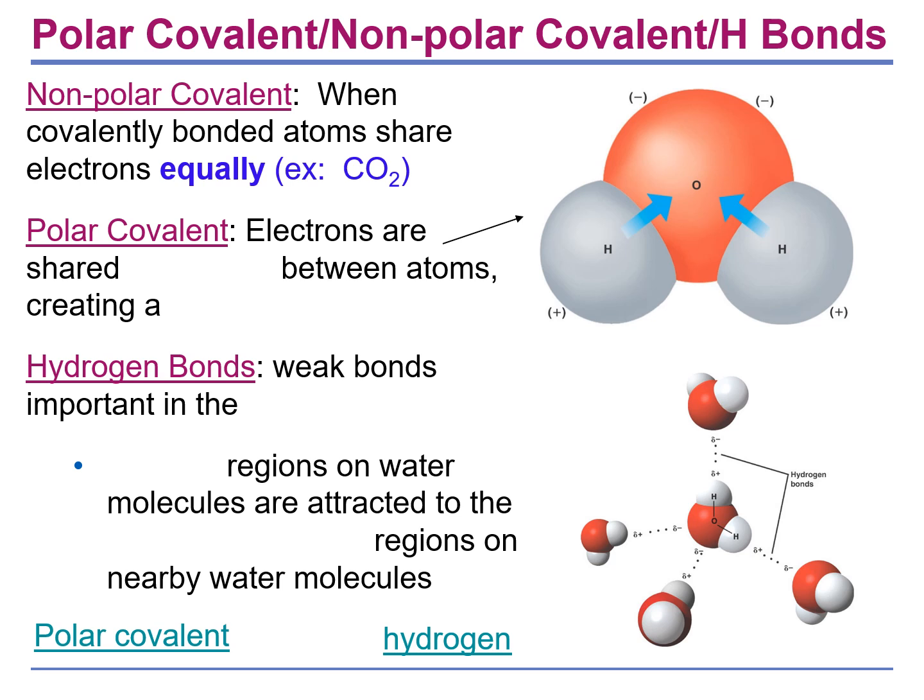Now there are polar covalent bonds, where electrons are shared unequally between atoms, creating a polar molecule. An example of this is H2O.